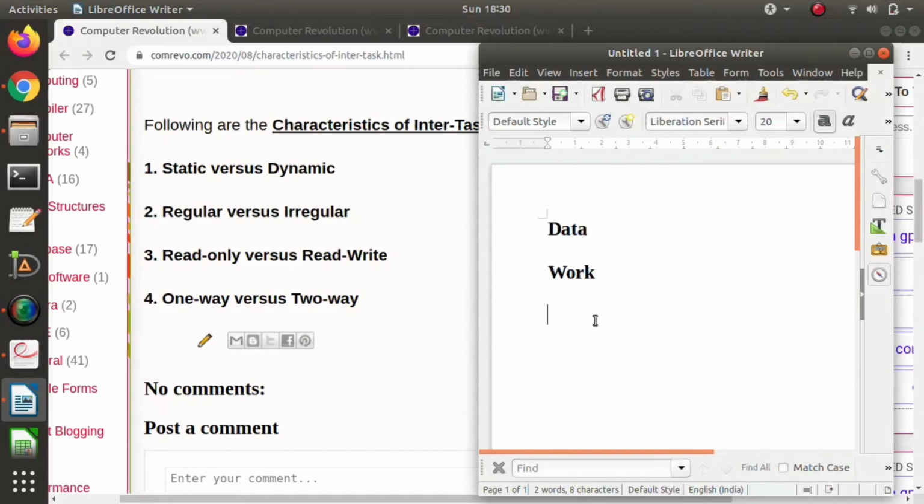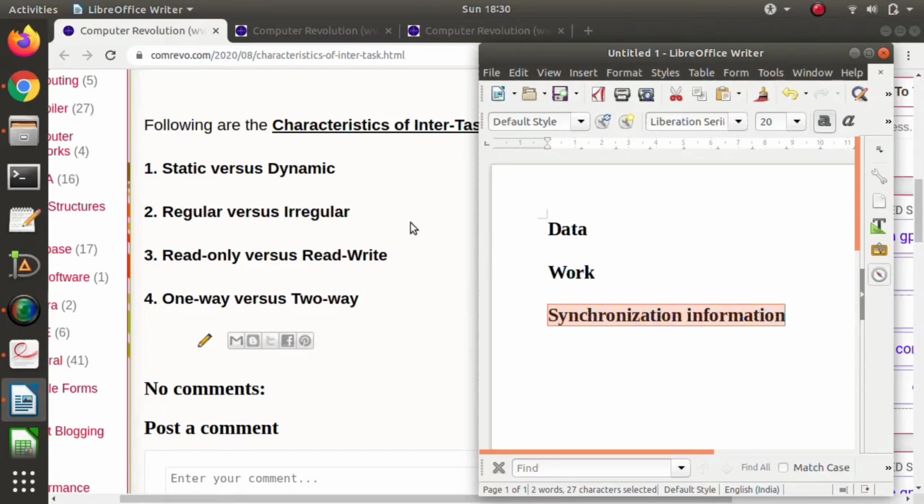So work is also shared among the different tasks or different processes, and sometimes they have to share some synchronization information to synchronize some tasks. So this interaction happens between the tasks for sharing some data, or for sharing some work, or for sharing some synchronization information.